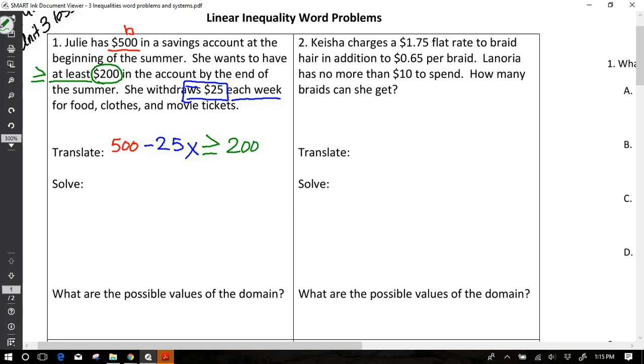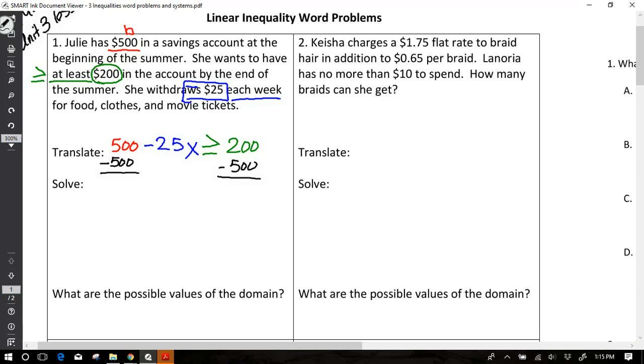And this is a one variable inequality word problem. We're going to do 2 examples of one variable, and then we'll do 2 examples that have both variables. So what we need to do now is to solve this equation and figure out what is the value of X. So I'm going to start by subtracting this 500 from both sides.